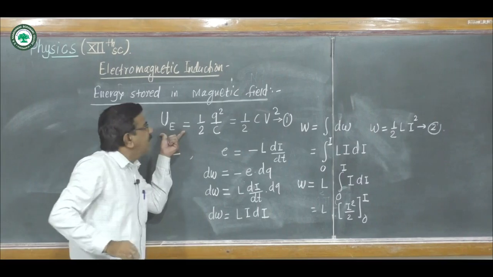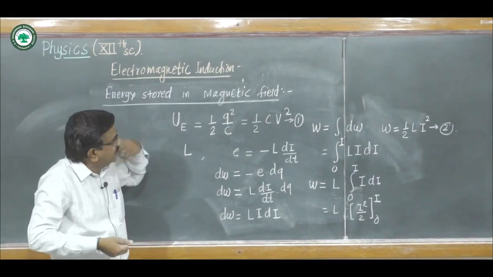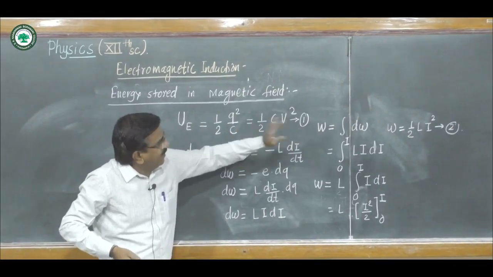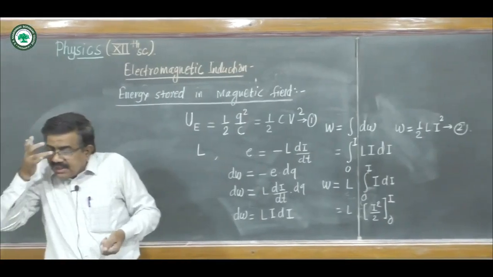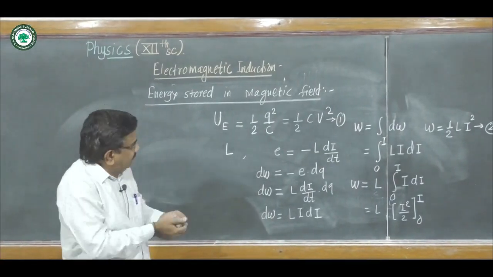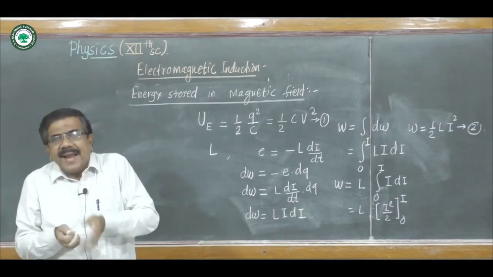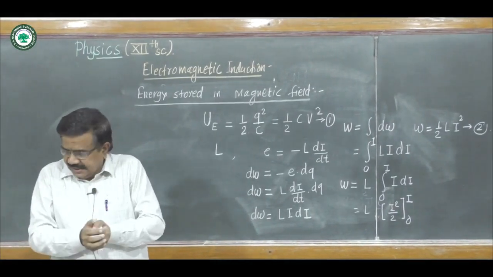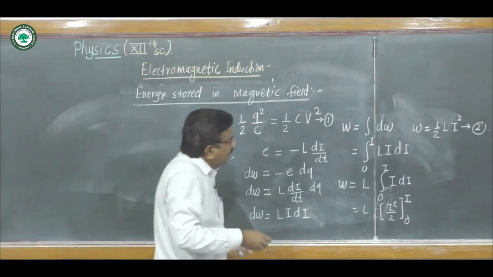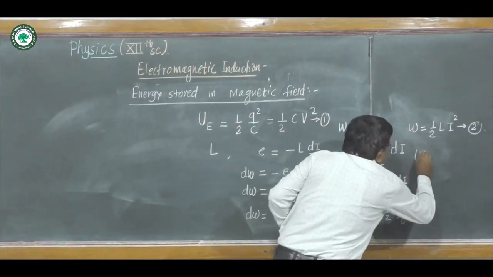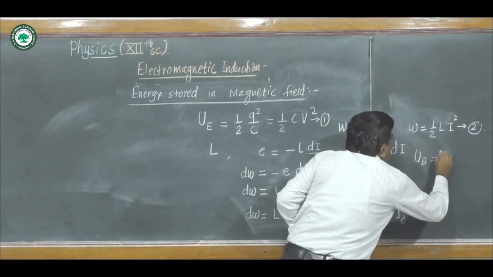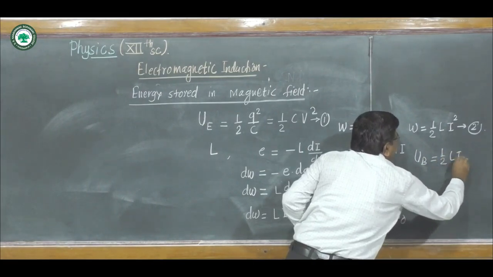Electrostatic energy stored between the plates of a capacitor is 1/2 CV square. Now the work done is stored as energy in the magnetic field, UB. We call the energy stored in a magnetic field 1/2 L I square.